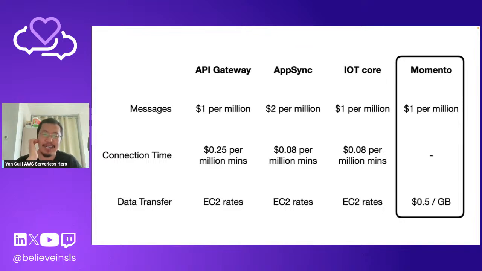But for Momento, the nice thing is that they just say it's a flat 50 cents per gigabyte of data transfer. Again, if your connections are not very active and you're not sending a lot of data over that connection, then most of your cost is going to be tied to the connection time as opposed to the amount of messages or data transfer. So using Momento can potentially be a much more cost-efficient solution than using some of the other AWS hosted services.